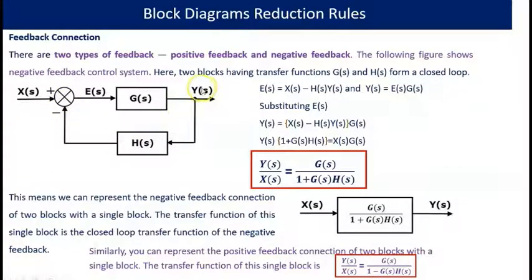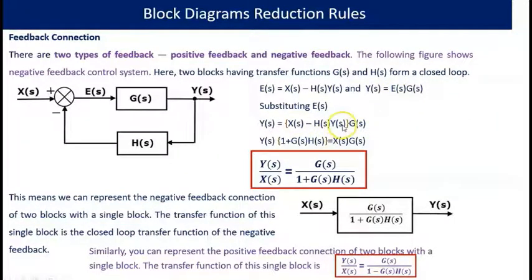Here the value is Y(s)H(s). So E(s) is equal to X(s) minus H(s)Y(s). And Y(s) is equal to E(s)G(s). These are all from the definition of transfer function. Substitute for E(s): Y(s) is equal to E(s) as above, substituted into G(s).